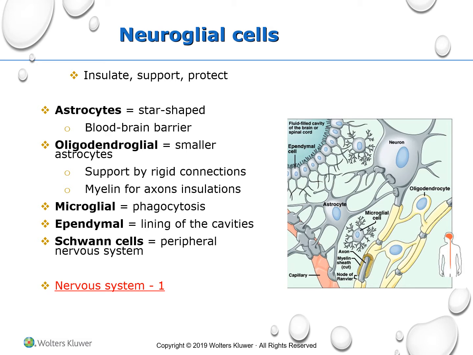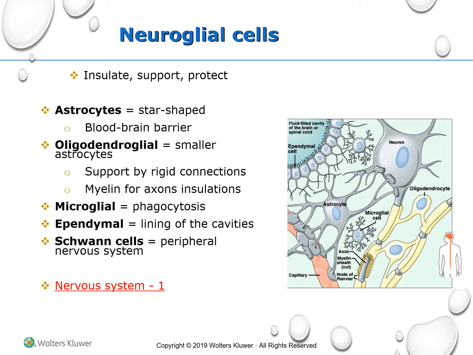They form the blood-brain barrier, and they act as stem cells to make new neurons. These new neurons are important in the generation of memory. So astrocytes can also contribute to repair some damaged areas. However, their ability is very, very limited.